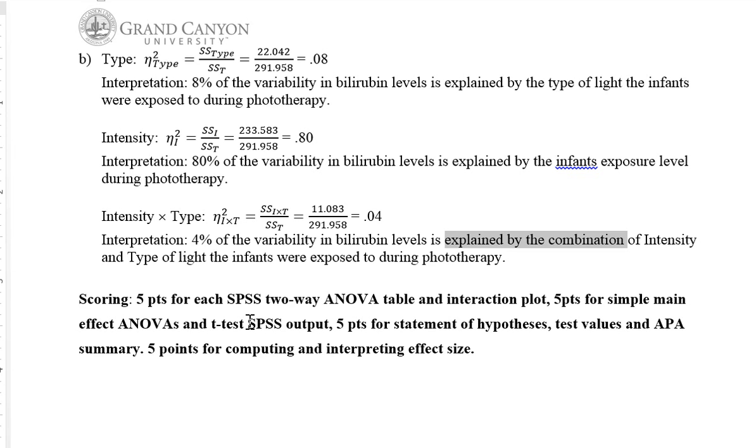So 2 ANOVAs, 3 t-tests. Just bring those outputs over. And then 5 points for your statement of your hypothesis, test values, and then the APA summary. And then the last 5 points is going to be for computing and interpreting your effect size, which is what we did here. So hopefully that helps out a lot on this example.